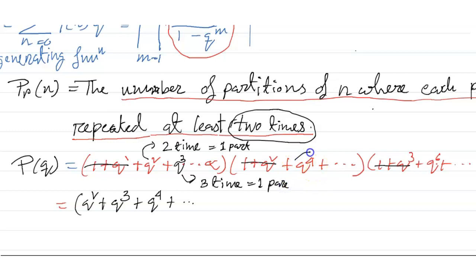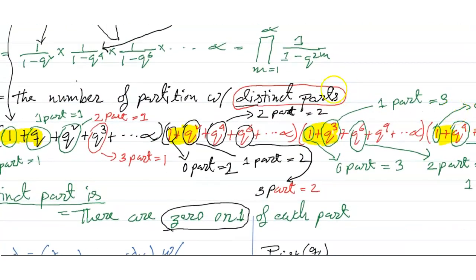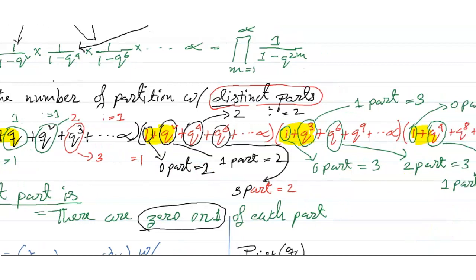Similarly, here this is 2 time equals to 2 part. Means in here also this portion, you must remember, in here also I just say that it is also 3 time into 1 part, 1 partitions.